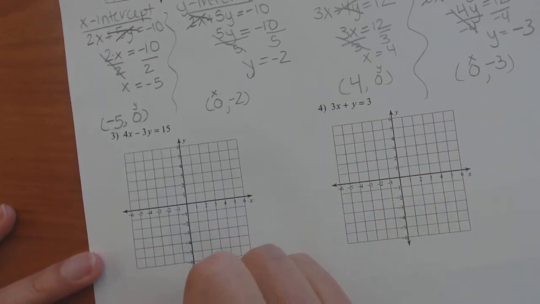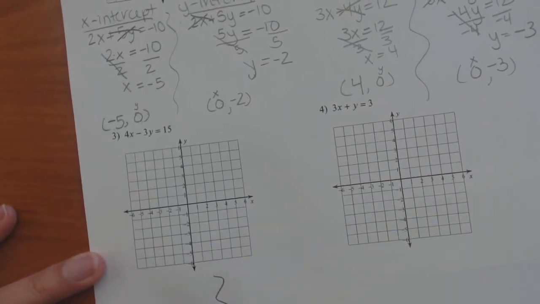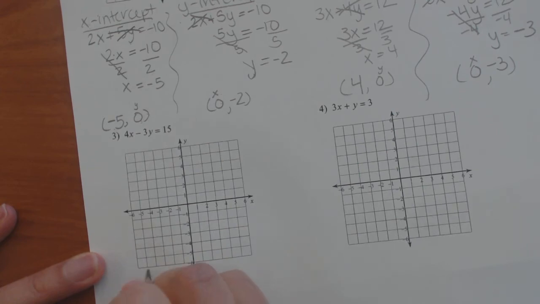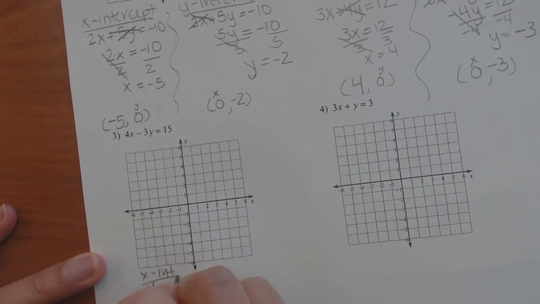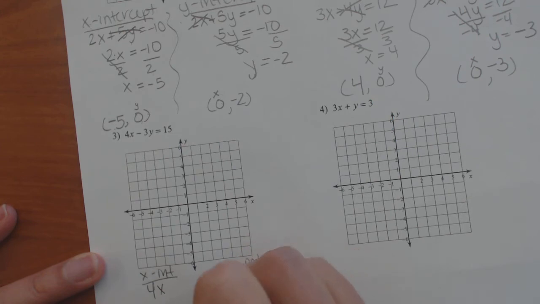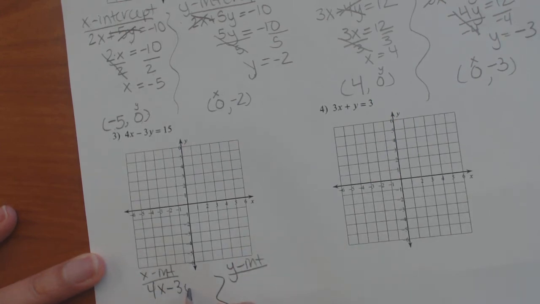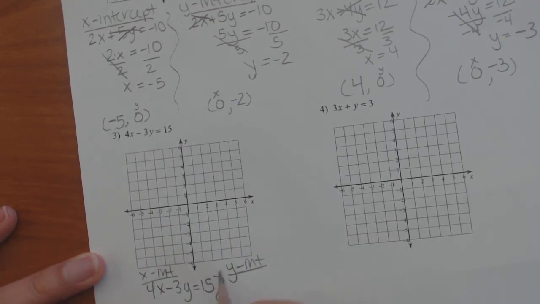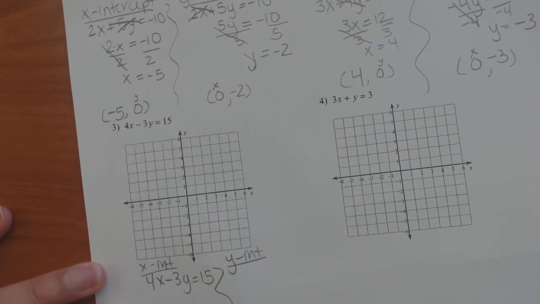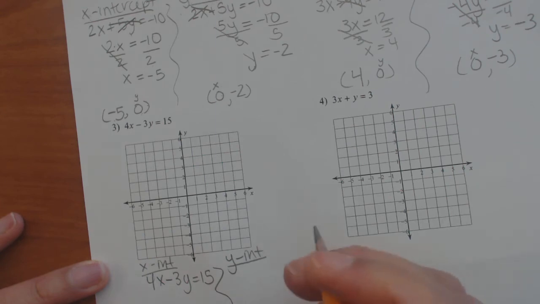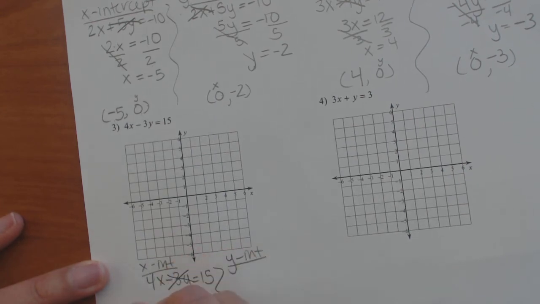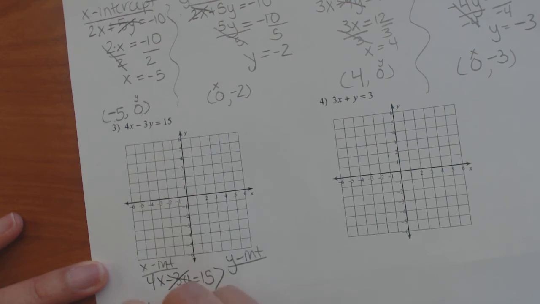Next, number 3, x-intercept and y-intercept. Okay, 4x minus 3y equals 15. Underneath, I have my y as my 0 because I'm looking for my x. So I'm going to cross this out. 4x equals 15. Divide by 4.